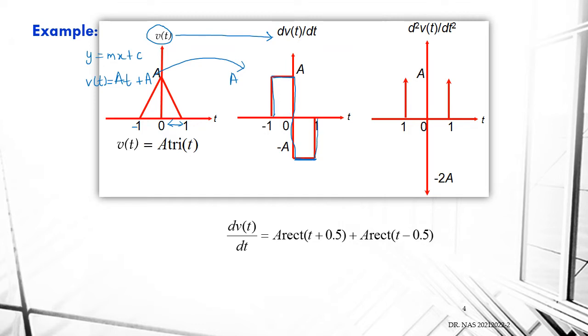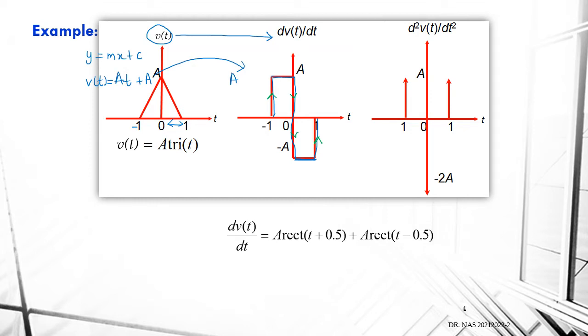For the second order differentiation, just look at the vertical lines. You have one positive, this one negative, and this one positive. At negative 1 it is positive A, at 0 it goes from A to negative A so it is negative 2A because it's pointing down, and at 1 it is positive A.